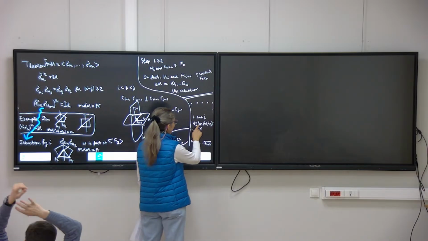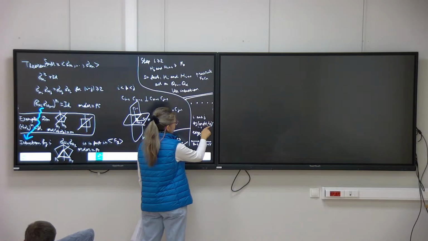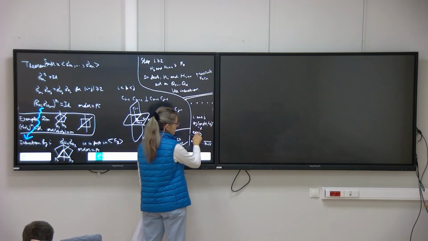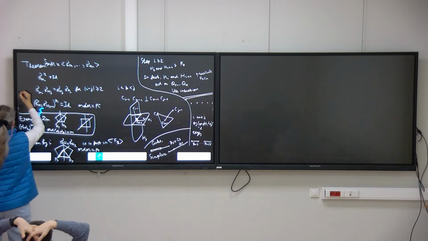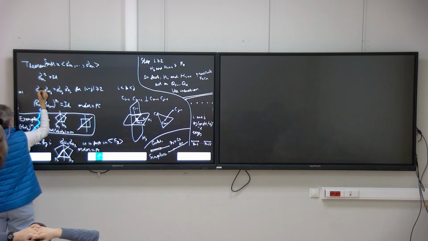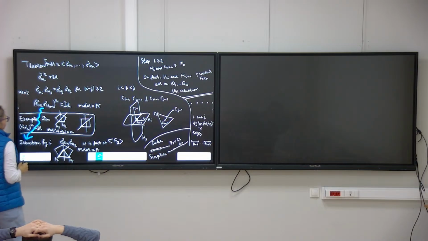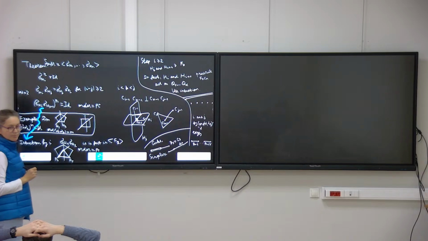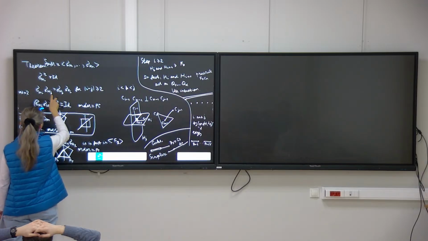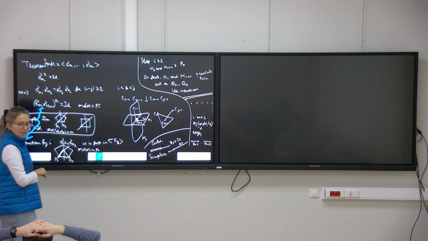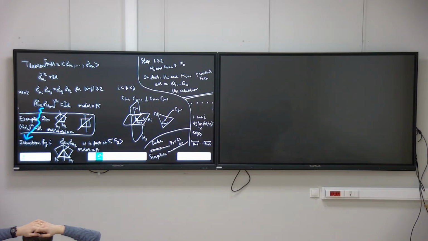I write the order of sigma Hi, sigma Hj minus 2. In the non-adjacent case, the order of this equals 2. We just multiply once more by Hi and then by Hj, and we obtain that this order equals 2.